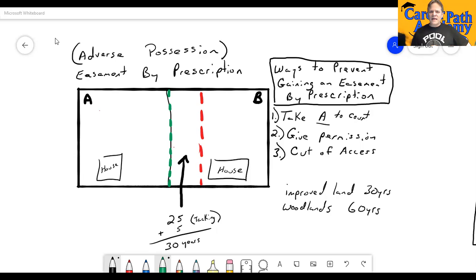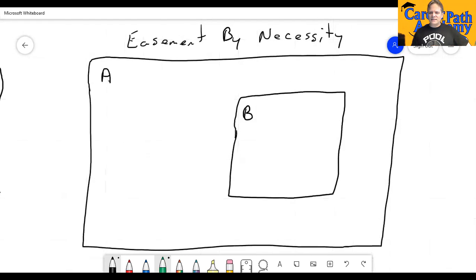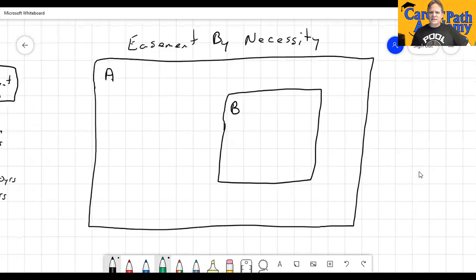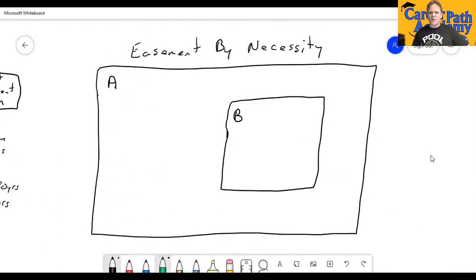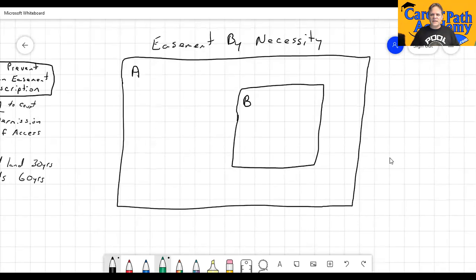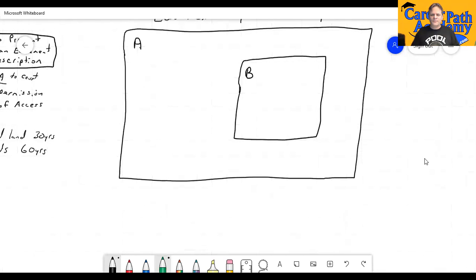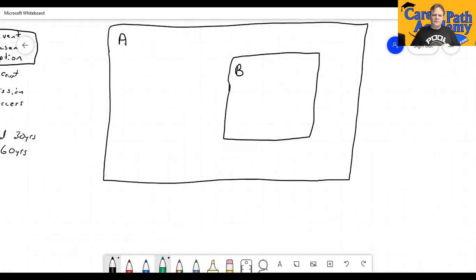All right, so that's adverse possession. Then we have this one, an easement by necessity. Easement by necessity is for the purpose of ingress and egress for landlocked properties. Let's just say that you got lot owner A and lot owner B over here.